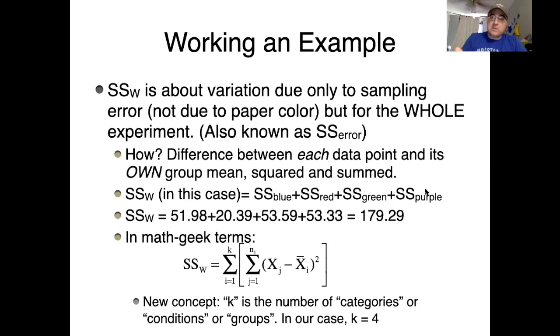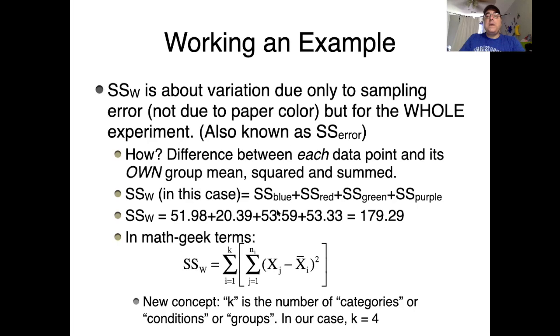There's a sum of squares for the blue group, a sum of squares for the red group, a sum of squares for the green group, and a sum of squares for the purple group. If you just do that separately, like you already know how to do, then in order to get the sum of squares for the error term, otherwise known as sum of squares within, you just take all four of those sums of squares and add them together. That becomes the total sum of squares. It's that easy.